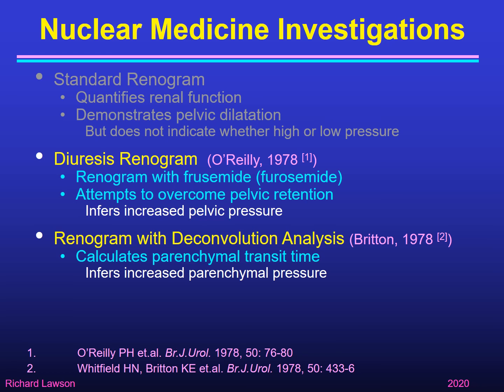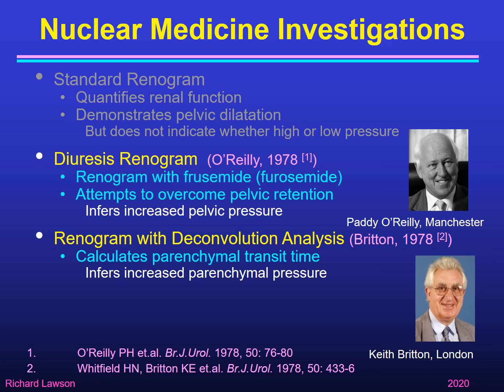Now, in another talk in this series about renography, I have explained deconvolution of the renogram in some more detail. So this talk now that I'm giving is more about diuresis renography, to say a bit more about that and to compare it with deconvolution.